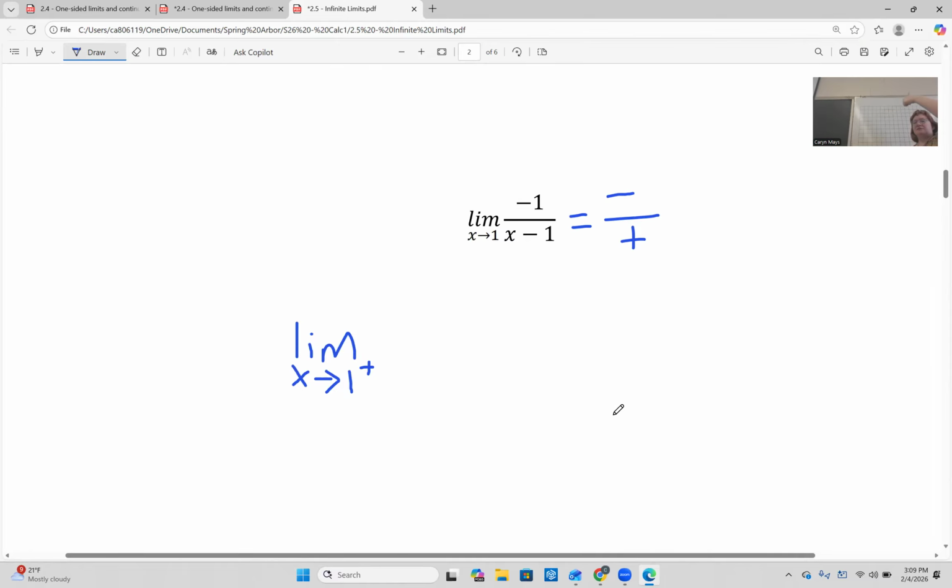The fact that it's discontinuous and non-removable indicates we're going to have a positive infinity or negative infinity. Looking at the signs, is it positive or negative infinity? Negative. Negative divided by positive is a negative. Oh goodness, that f of x has seen some better days. Negative infinity. What about from the left?